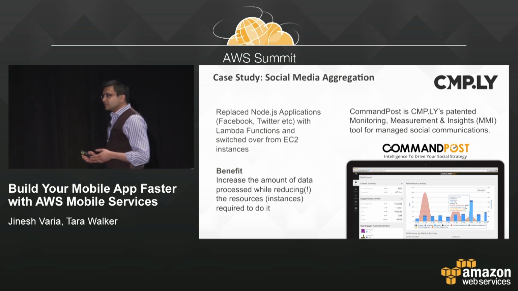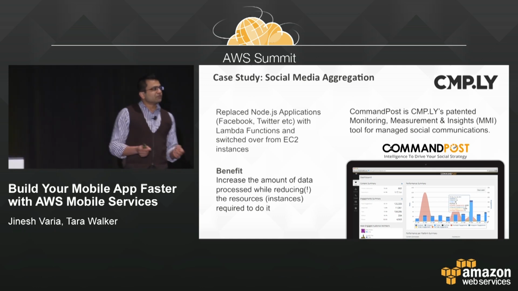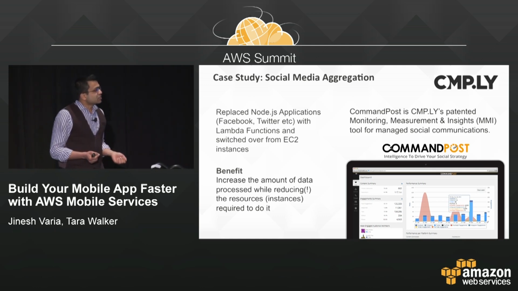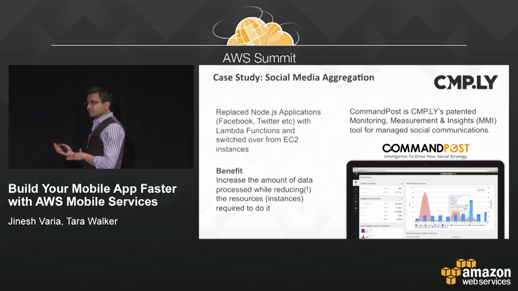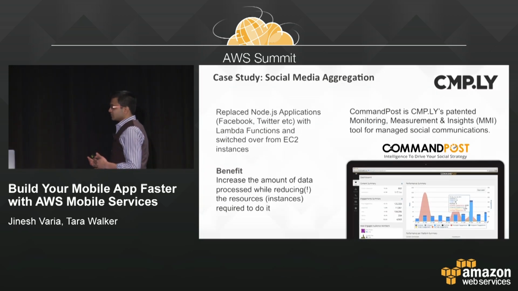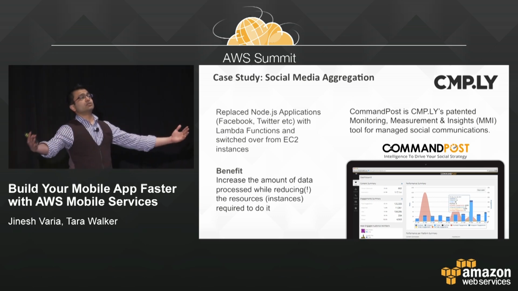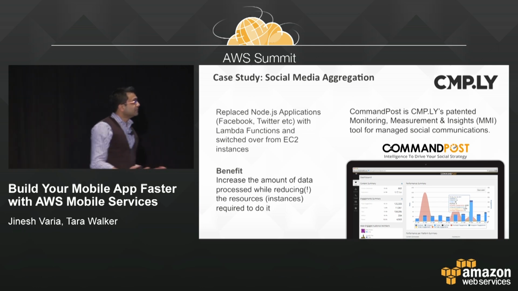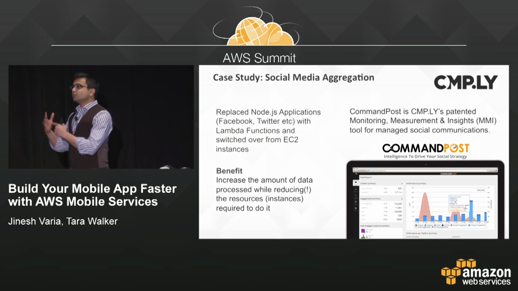With Lambda, they basically replaced all these Node.js applications with just simple functions. So they're not only able to reduce the cost of their entire infrastructure, but at the same time they're able to increase the load on their data ingestion side, with all these feeds coming in for the social media aggregation. They can simply dial up and say, I want to do more of those. I want to do time series.